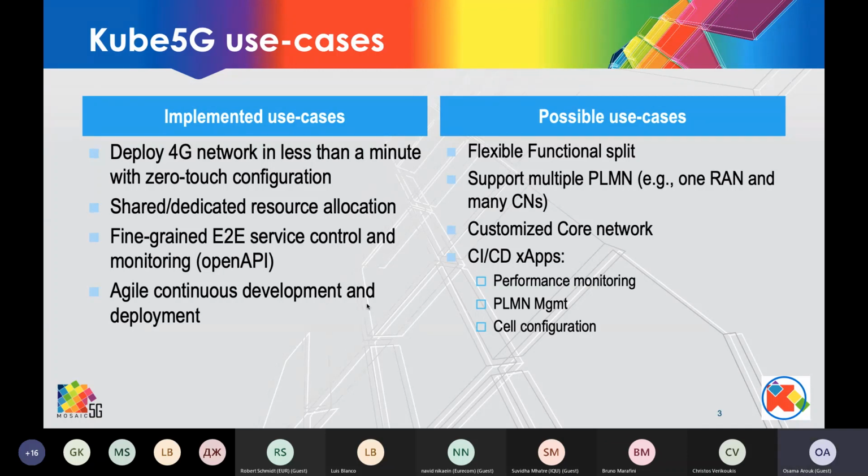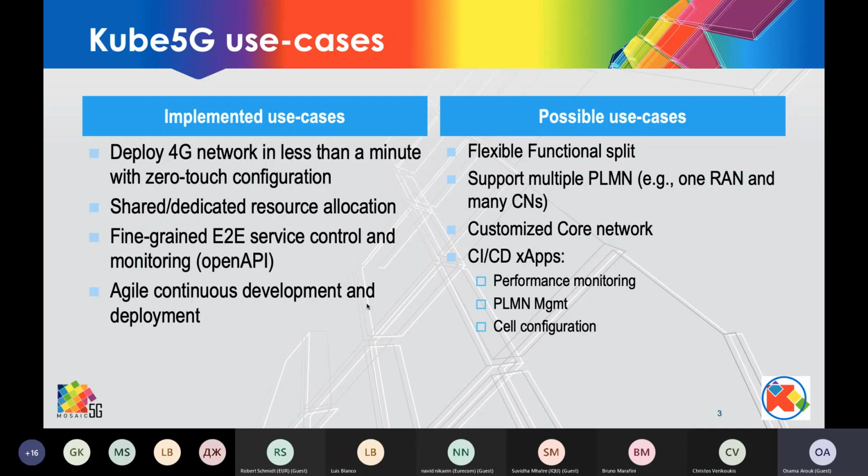Additionally, we provide a customized core network. You can imagine you need to deploy only the RAN part, but you already have the core network. From the configuration, you specify that this RAN needs to connect to a certain core or multiple cores, which is already feasible and supported.